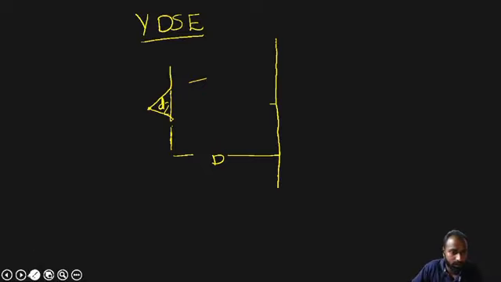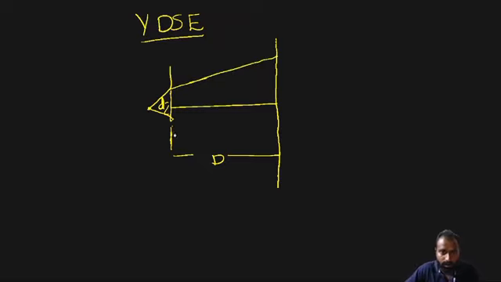This is my center line. A light ray reaches here, and from here a light ray is going to reach here.